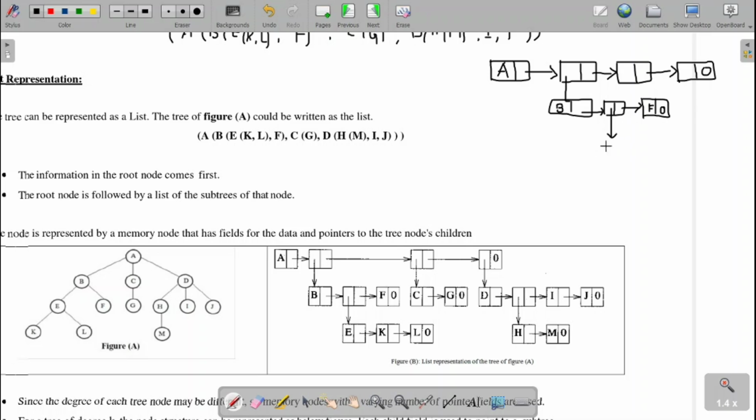Then next, the child of B is your E. E again has two children.